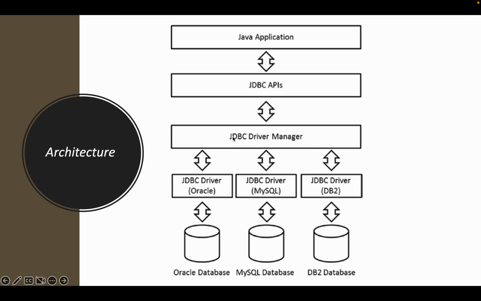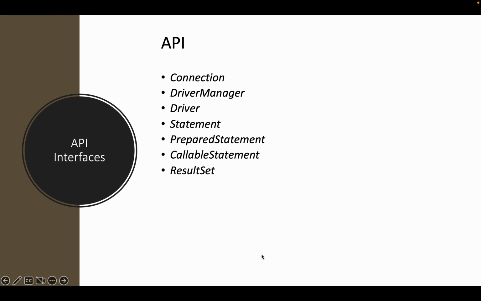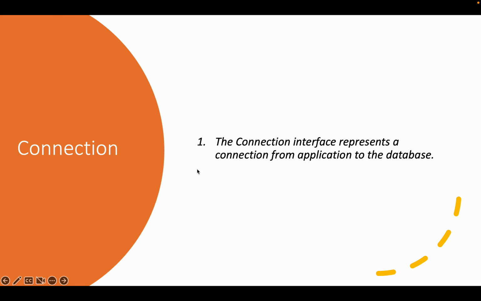Then below it, we have all the different JDBC drivers, and one of them, we just saw, is MySQL. And just below, it's a database. The API has Connection, DriverManager, Driver, Statement, PreparedStatement, CallableStatement, ResultSet.